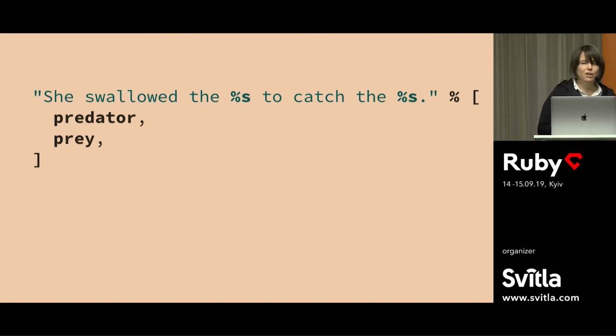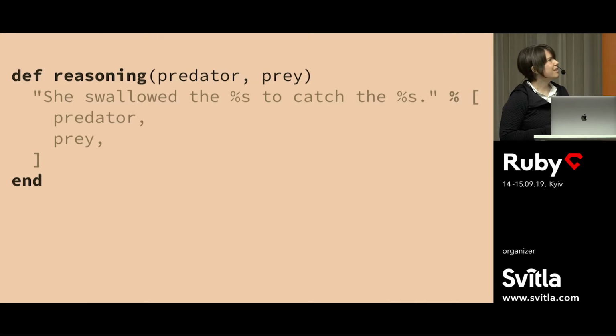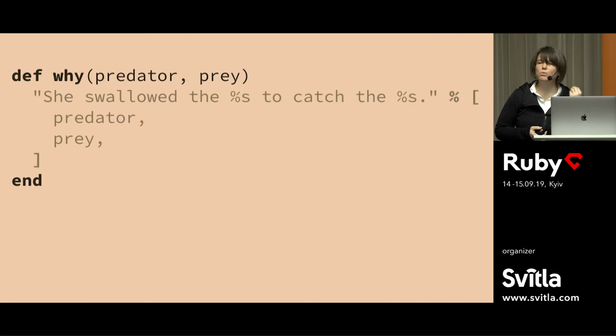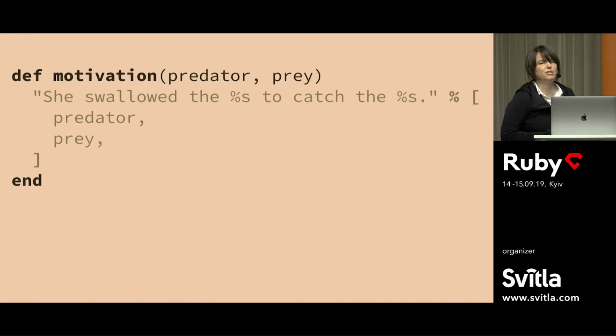And when something in the code feels coherent and solid like this, I think it's worth making an attempt at naming it. So this particular part of the song is trying to explain the reasoning behind the little old lady's behavior. It's talking about why she would ever do such a thing as swallow a bird or a dog or a goat. In other words, it's talking about her motivation.